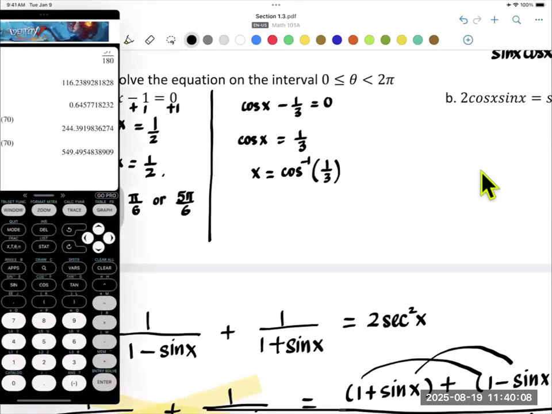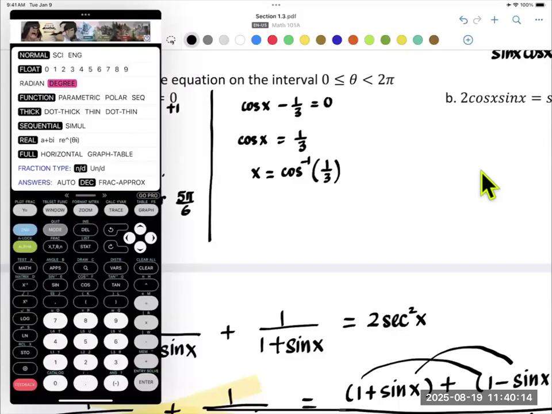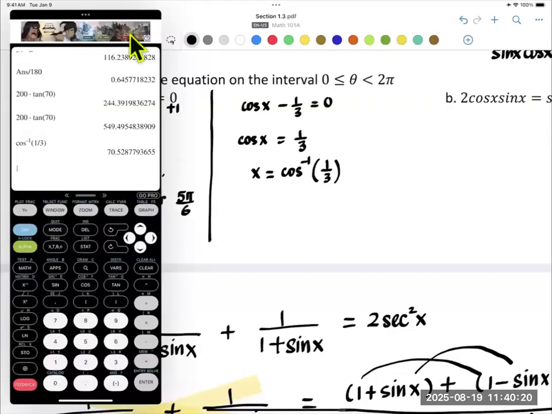So we're going to take the inverse of 1/3, and my calculator is in degree mode, so whatever I get right now is actually in degrees. So we can answer x is equal to 70.53 degrees.